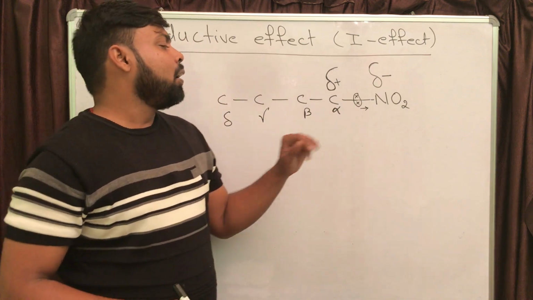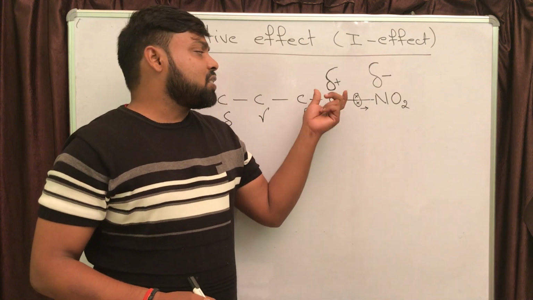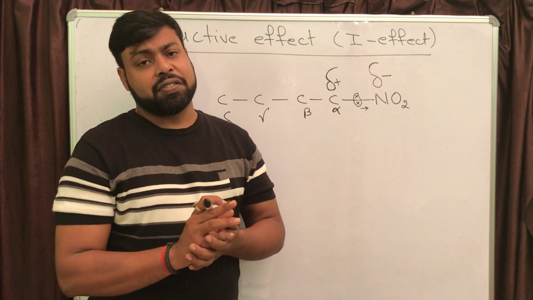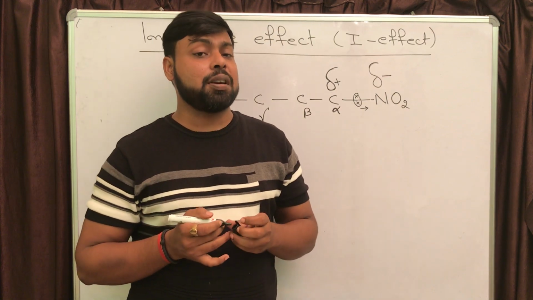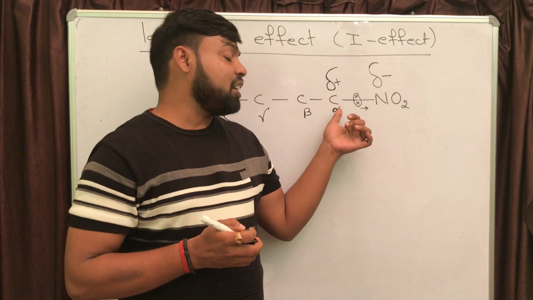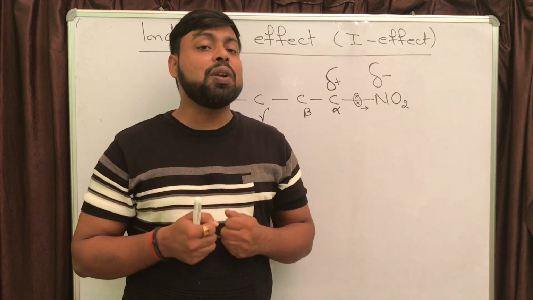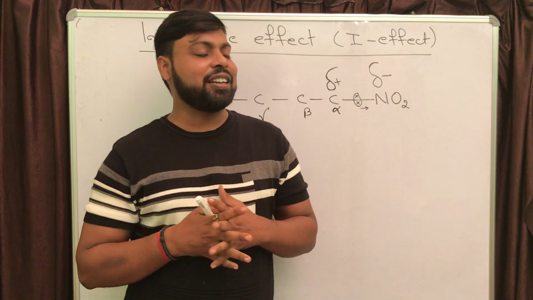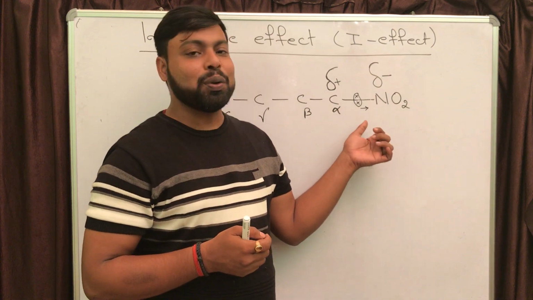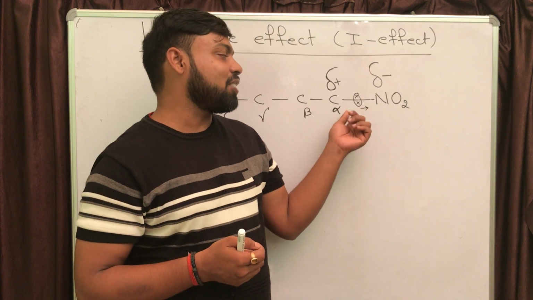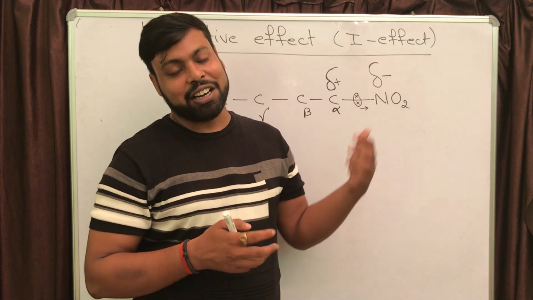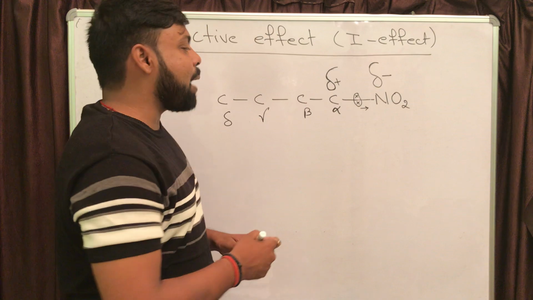So this alpha carbon is getting some partial positive charge, and one thing we know is that if the alpha carbon is getting some partial positive charge, then its electron pulling tendency is going to increase. But it cannot pull the bond pair electrons between carbon and nitrogen, because we already know that the electronegativity of nitrogen is more. So what is going to happen?